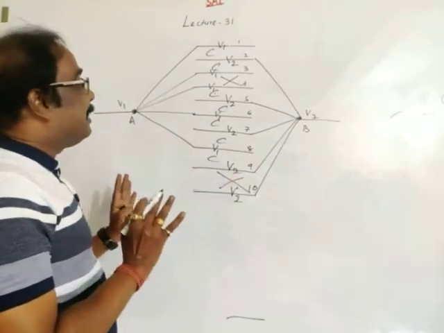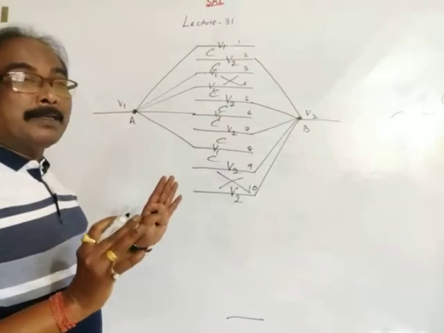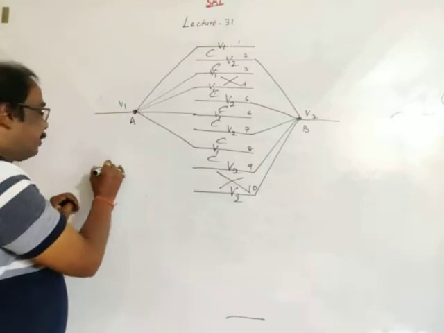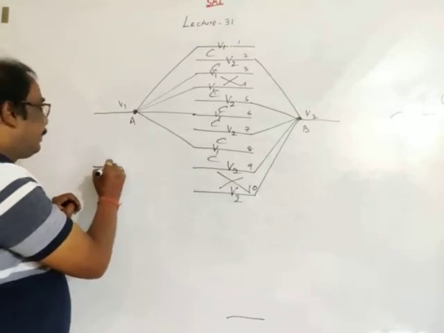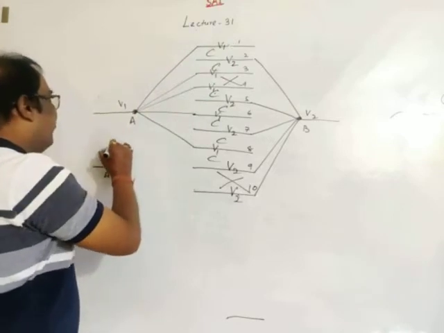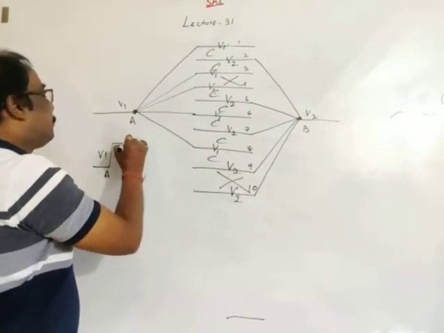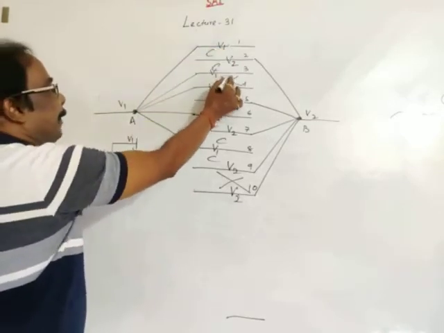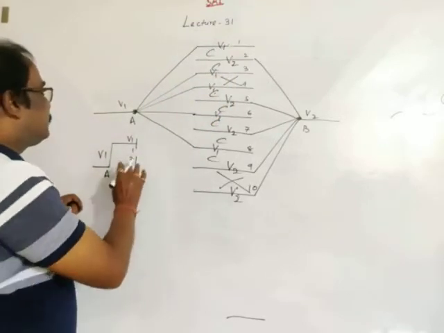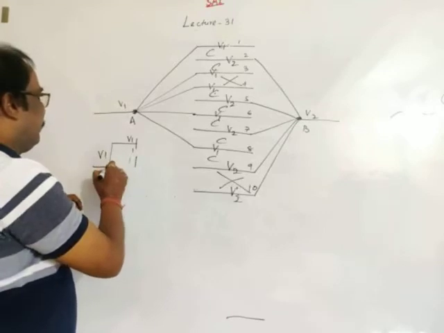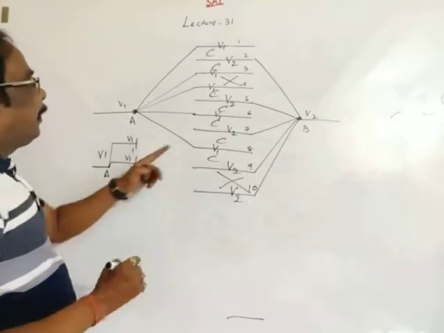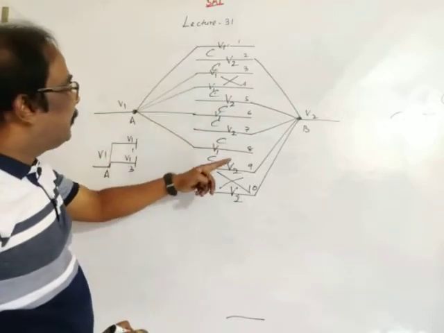Then we have to see how the capacitors are arranged. Let's start from A. The potential is V1. Plate 1 is at potential V1, plate 3 is at potential V1.